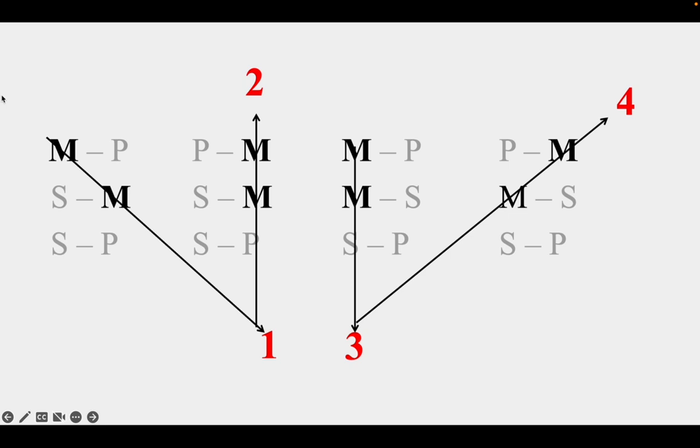So figure 1, as you can see, goes diagonally from top left to bottom right. Figure 2 goes straight up on the far right side, so the predicate terms. Then it goes back to the left for figure 3, and figure 4 goes diagonally to the top right.